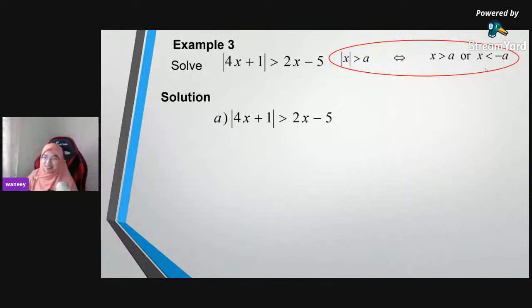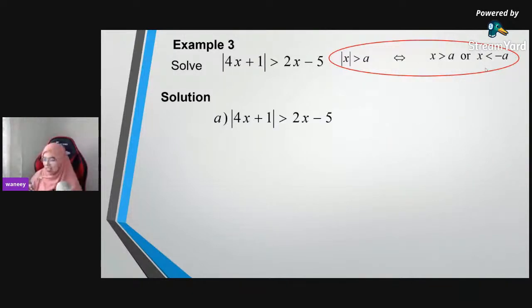Kursi mahal ada, murah second hand. Mobile Legends, mana ada orang main lah. Ada lagi ke orang main?